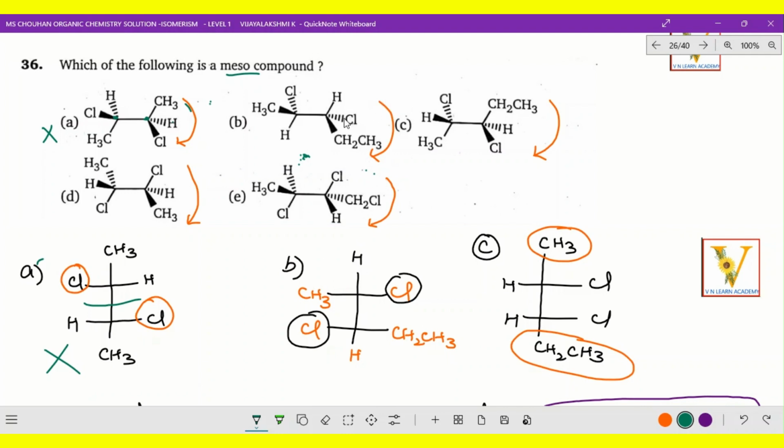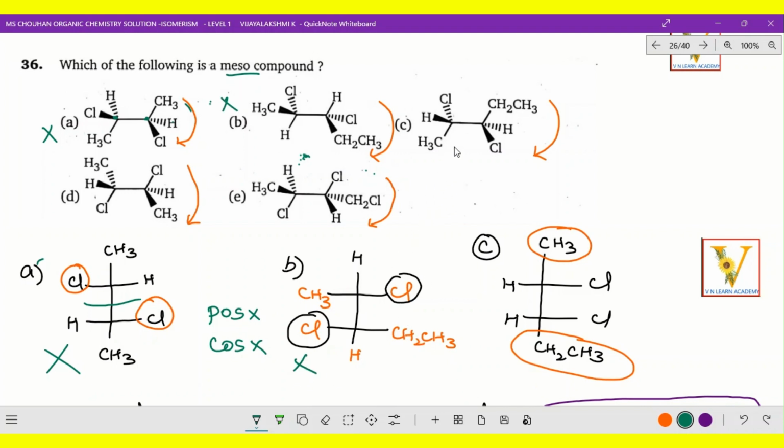When we are rotating, the dash position Cl comes here and the wedge position CH3 goes to the opposite side, because we are rotating now. So when we check here also, there is no POS, COS absent for both. This is also a wrong option.